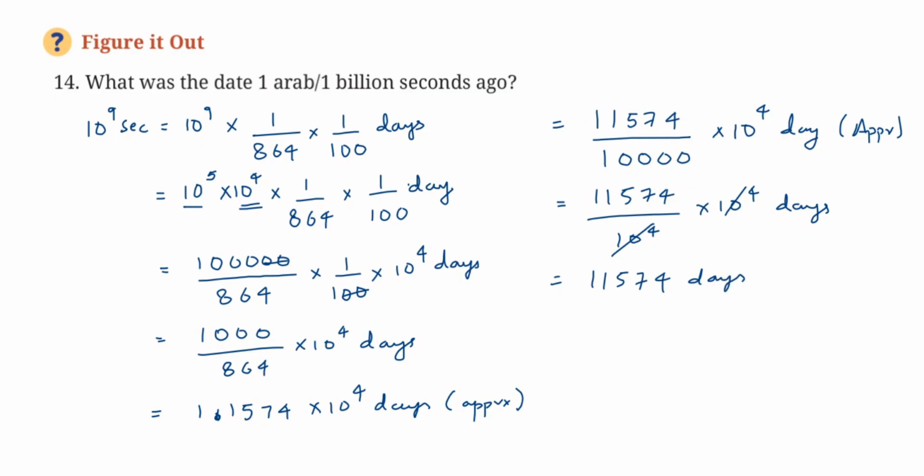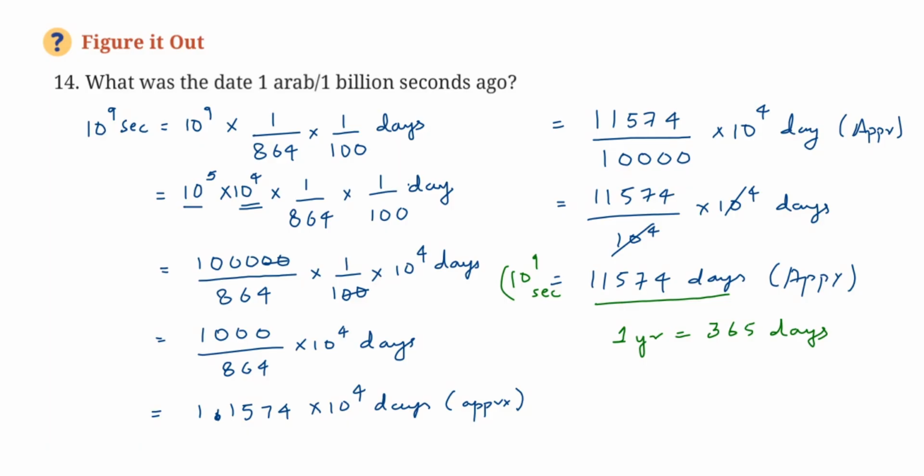I have days. I want to convert this to years. To convert this to years, what will you do? We know that in 1 year there are 365 days, right? So 1 year is equal to 365 days. Now what have we found? We have found that 10 to the power 9 seconds is equal to this many days.